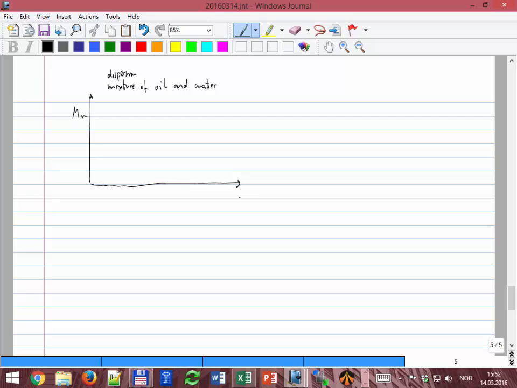That will be the water fraction, and that will be the viscosity of the mixture. So when there is no water, here we have the viscosity of the oil, then it goes up and you meet an inversion point, and then it goes down all the way to when this is 100%, or when this is 1, the viscosity of the water. Okay, right?